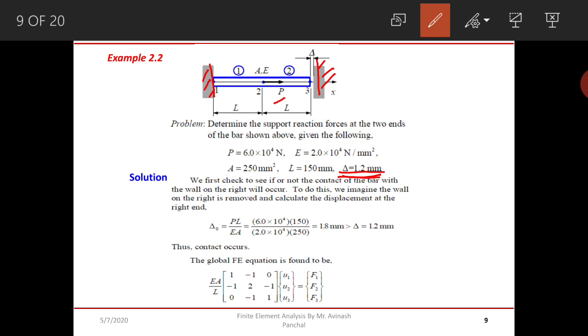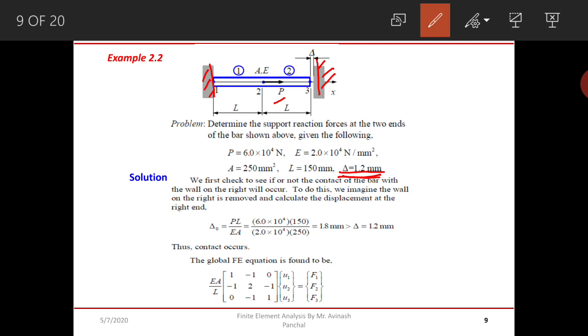If it is less than the actual free expansion of this bar without restrictions, then we have to consider this as delta 3 or u3, that is, the displacement at node number 3.